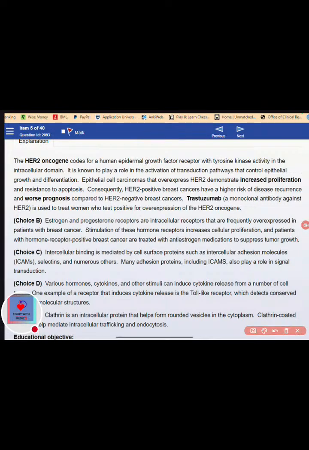You already know that the HER2 oncogene codes for a human epidermal growth factor receptor with tyrosine kinase activity in the intracellular domain, playing a role in activation of transduction pathways that control epithelial growth and differentiation. Epithelial tumors that overexpress HER2 demonstrate increased proliferation and resistance to apoptosis.